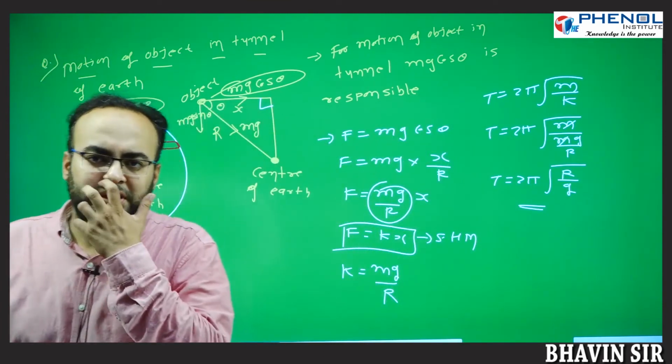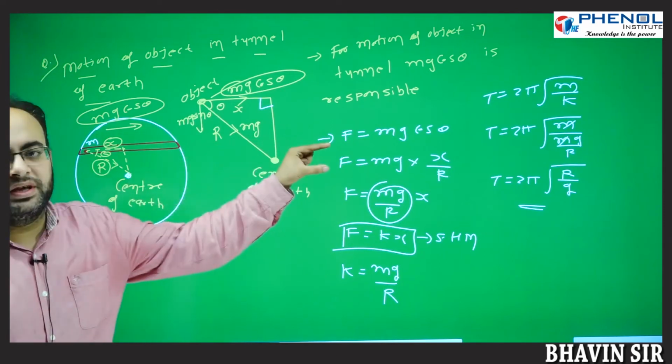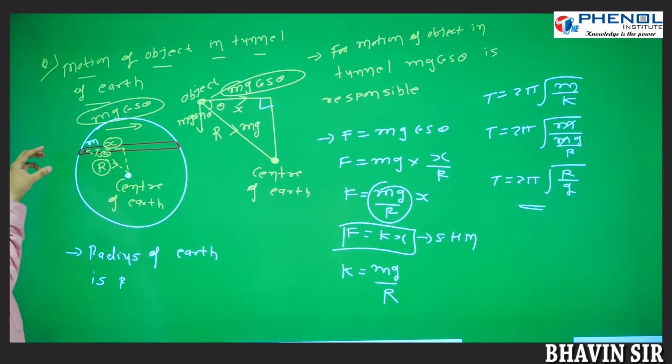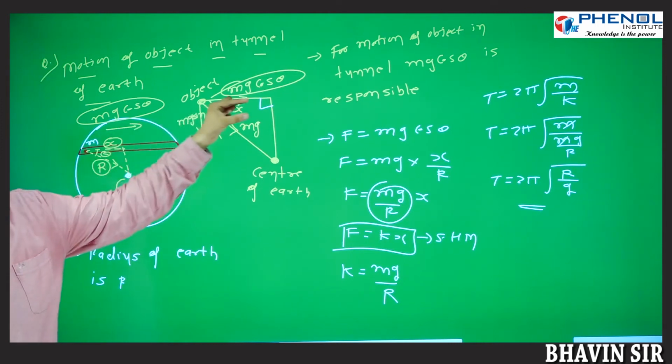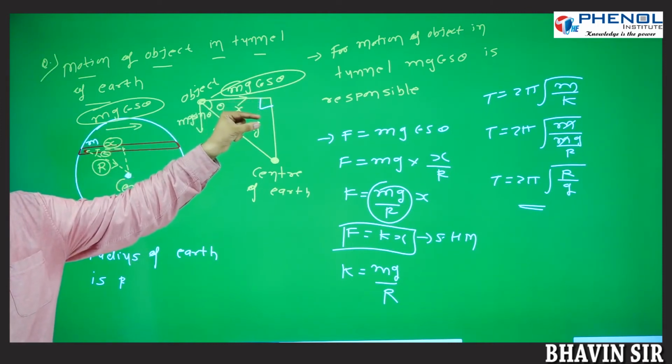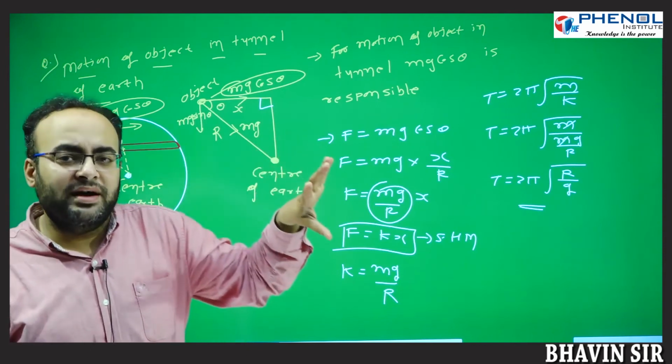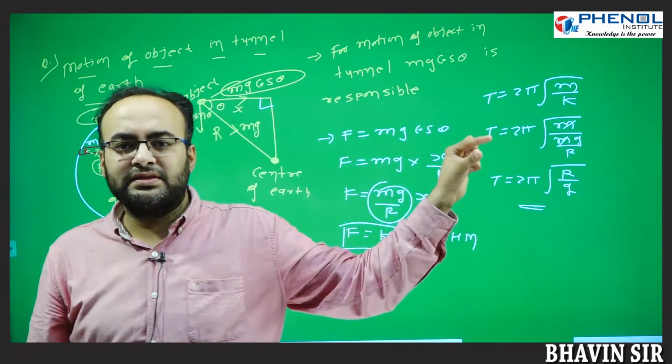See students, the object keeps moving in that direction. First it is attracted by gravitation, so it moves in that direction, then again it is attracted by gravitation and moves in the backward direction, and so on. It cannot go outside the earth, it will keep moving in the tunnel.